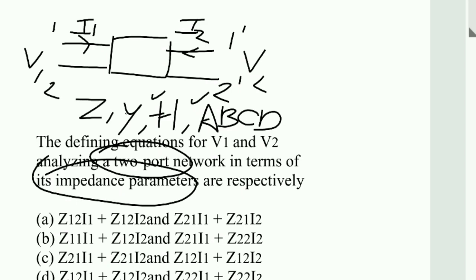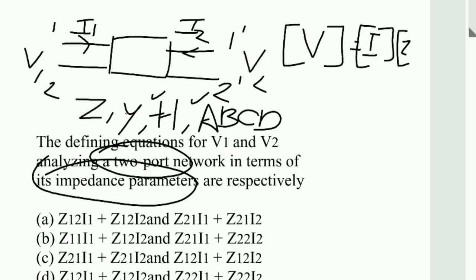What is the impedance parameter? Impedance parameter is: V matrix equals Z matrix into I matrix.